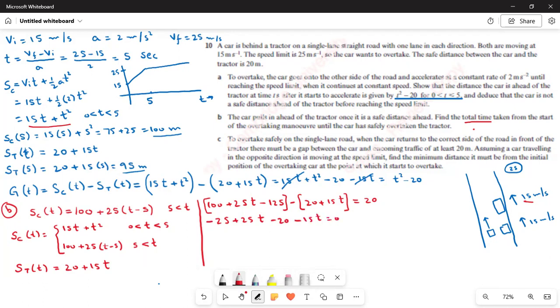So 25t minus 15t is 10t, and minus 25 and minus 20 is minus 45. It goes on the other side and becomes 45. Am I doing it right? Something is wrong. 20 plus 45. What mistake did I make?